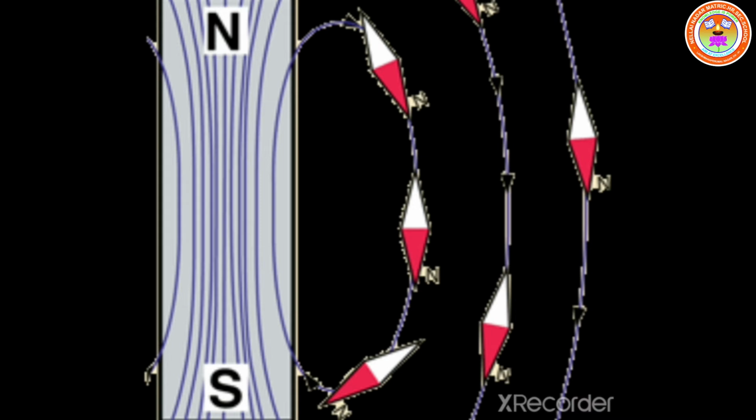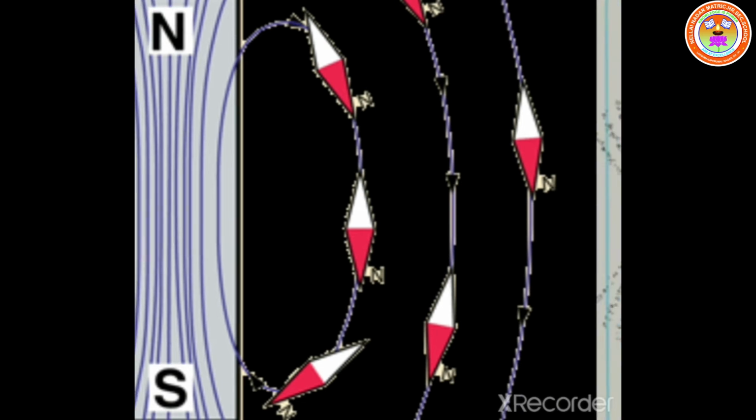Actually, the magnetic field can penetrate through all kinds of materials, not just air. The earth produces its own magnetic field which shields the earth from the solar wind, and it is important for navigation also.